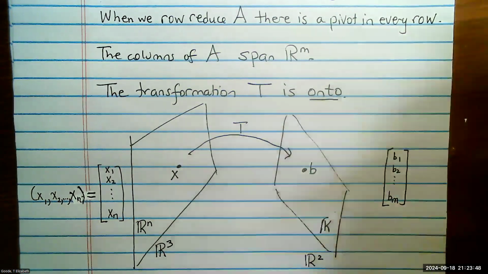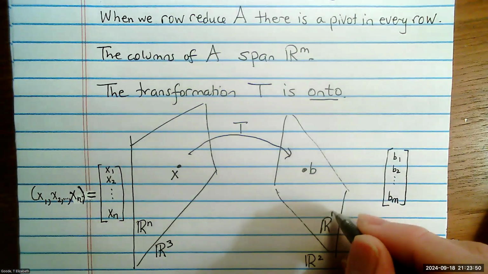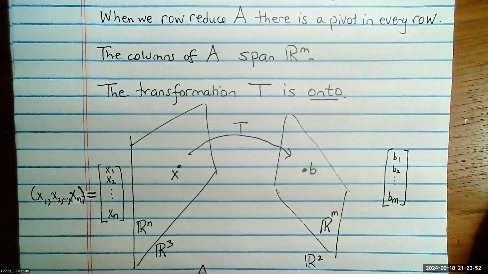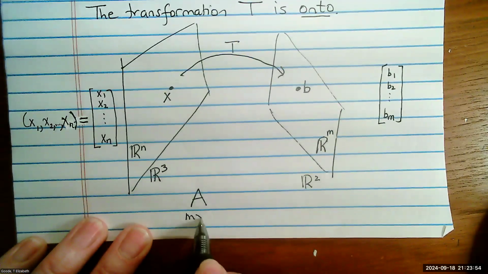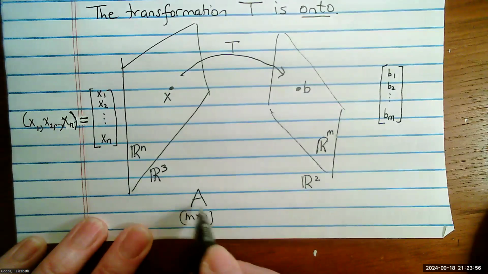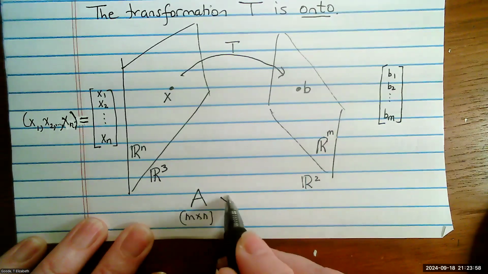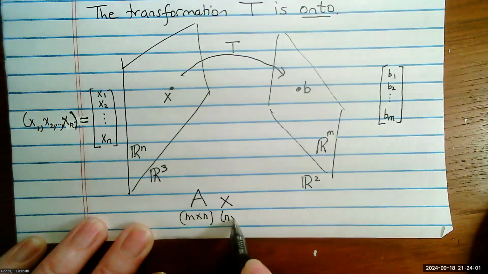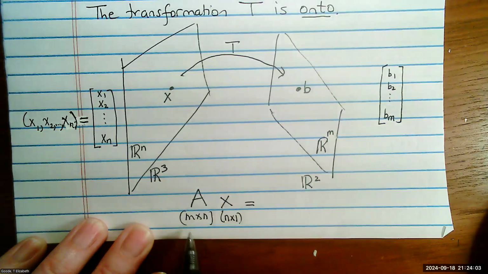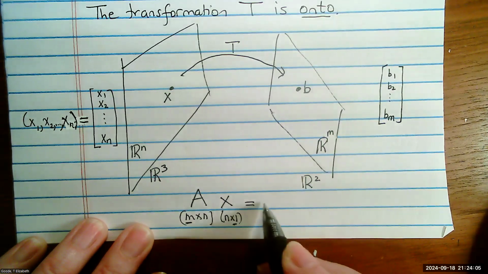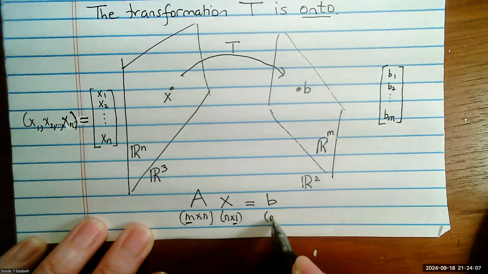When A is m by n, that means A can act on a vector x that is n by 1, and the result will be m by 1. So that makes B m by 1.